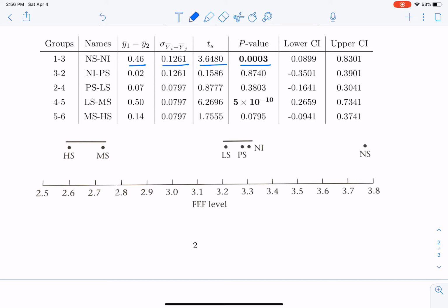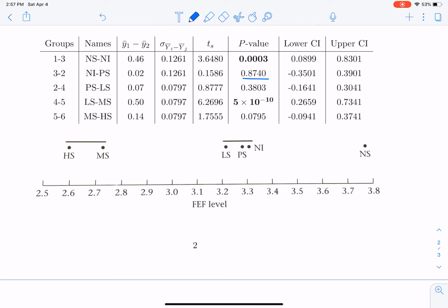And so I repeated this with all the different nearest neighbors. So you'll see that between the non-inhaling and the passive smoking group, there's a large p-value, and so there's no statistical difference.